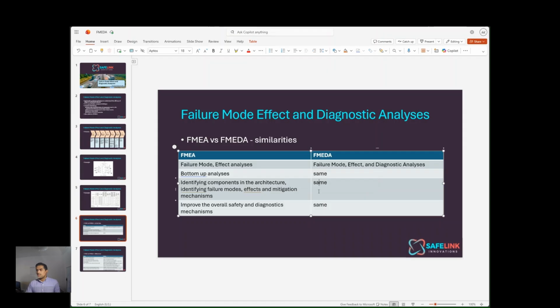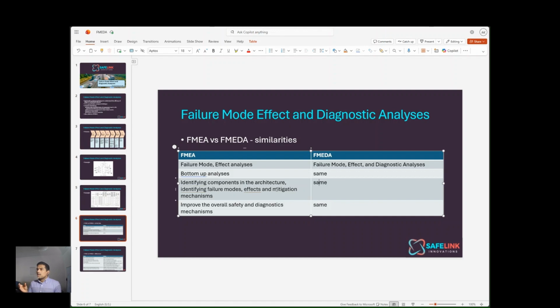This is very similar to the FMEDA, wherein you have components, you have failure modes, there is an effect, and then we try to come up with some mitigation mechanisms to ensure that the failure mode does not lead to the undesirable effect.